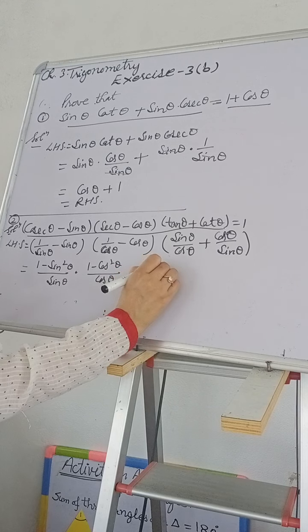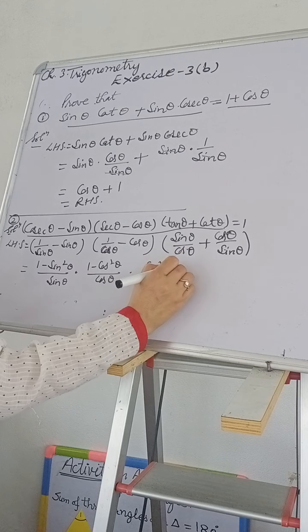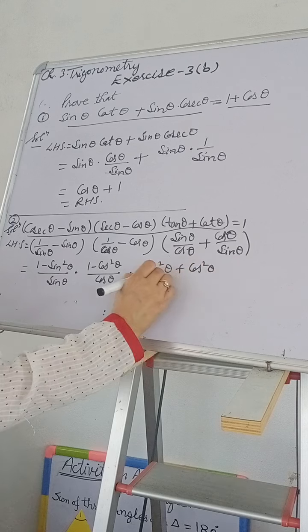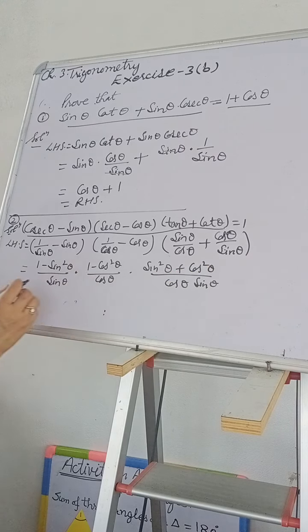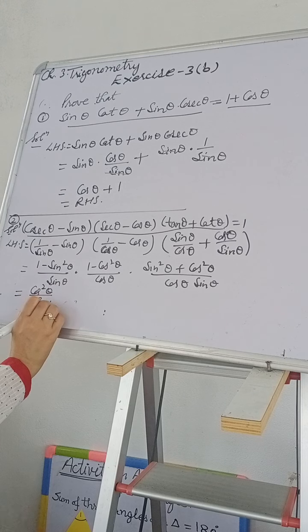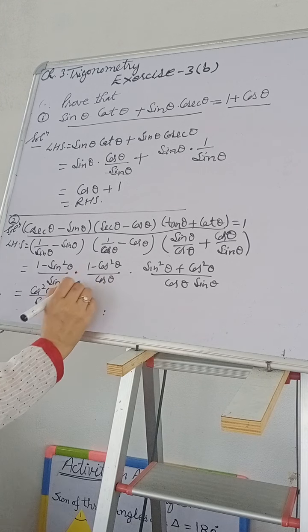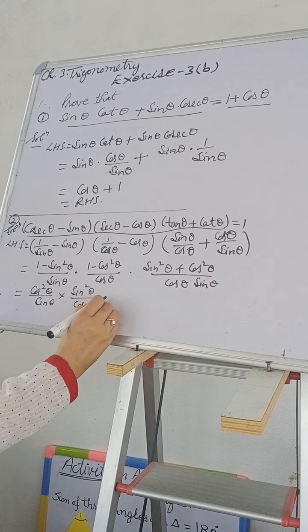Taking the LCM, 1 minus sin square theta, this is the fundamental identity, identity 1, which I am using here, gives cos square theta upon sin theta, multiplied by sin square theta upon cos theta.